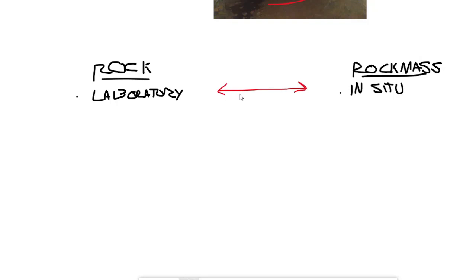Laboratory and in situ makes a huge difference, and the fundamental principle guiding this is that we cannot use what is present in the laboratory to accurately reproduce something in an in situ or in the field environment most of the time. We can glean certain interesting things from laboratory tests. You can do all of your regular mechanical properties on a rock that you have in the laboratory, right?